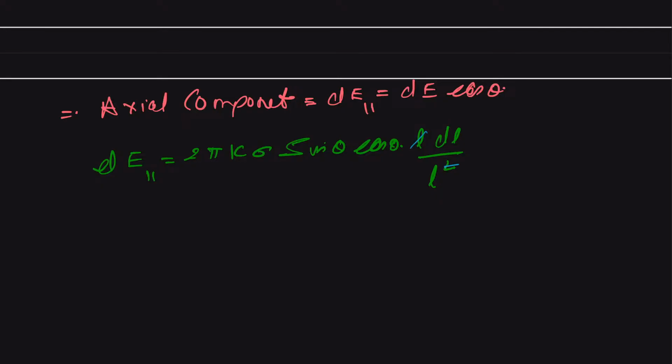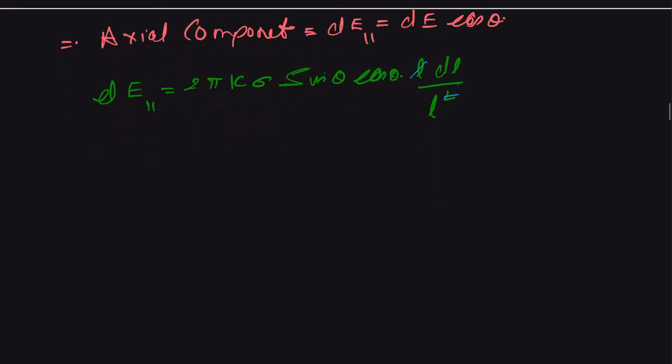Now this L and L cancel out, so we get that the electric field axial component will be equal to 2 pi k sigma sine theta cos theta dl upon L.